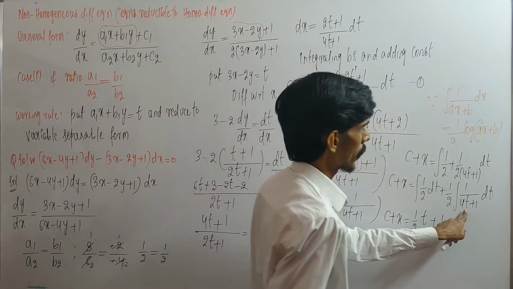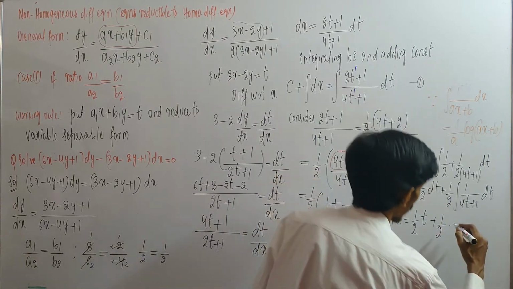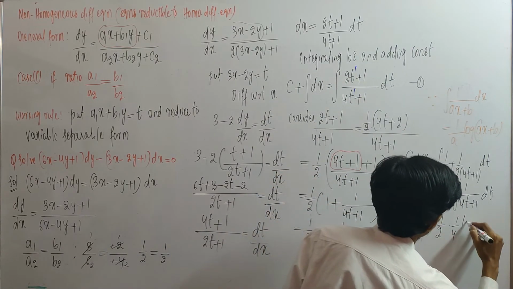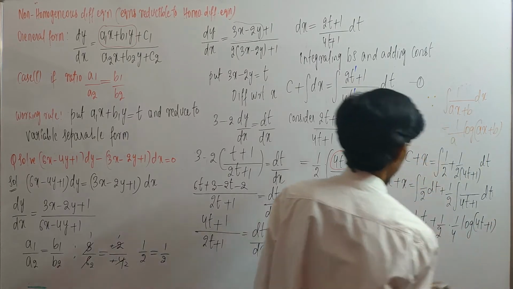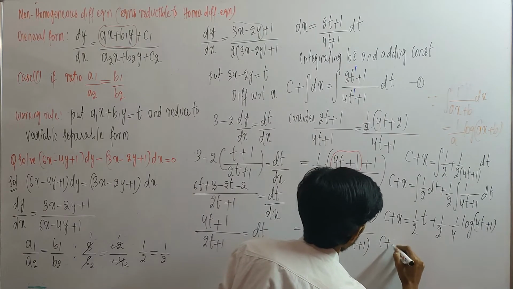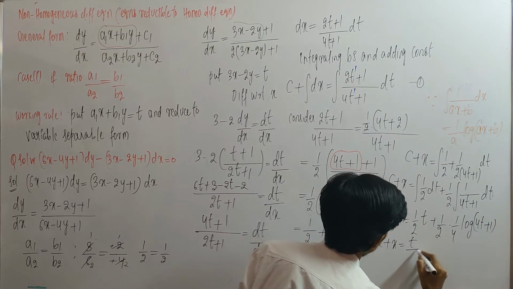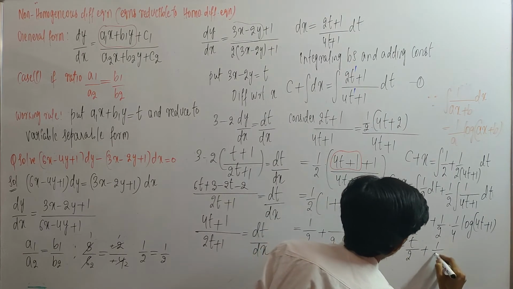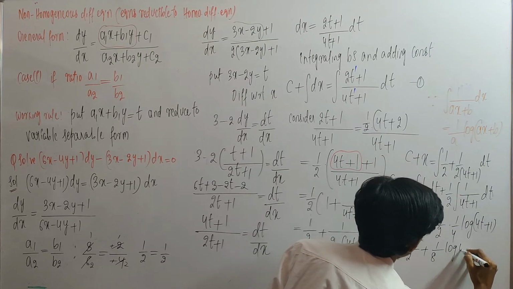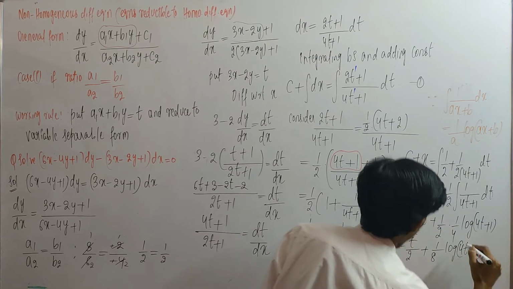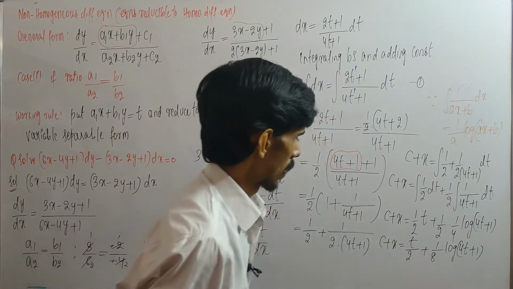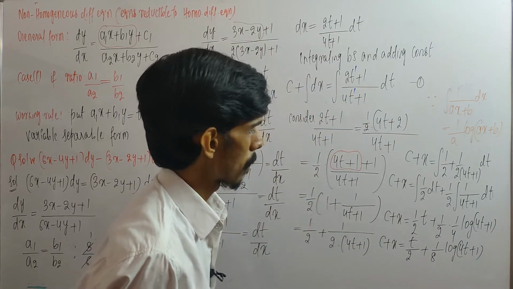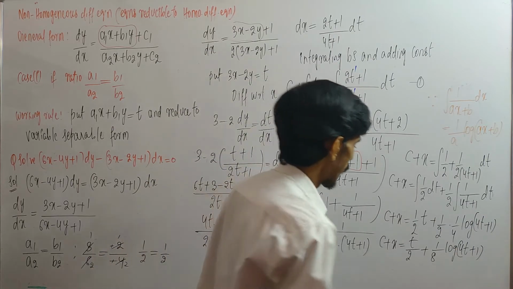Similar to that, here the coefficient of t is 4, so take 1 by 4 log of the denominator 4t plus 1. So here I'll get c plus x is equal to t by 2 plus 1 by 8 log 4t plus 1.